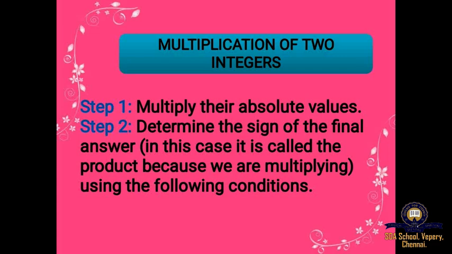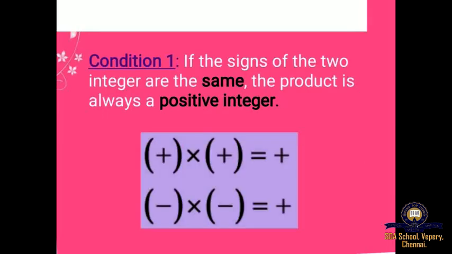In this case, it is called the product because we are multiplying. We have to determine the signs using the following conditions. Condition 1. If the signs of the two integers are the same, the product is always a positive integer.